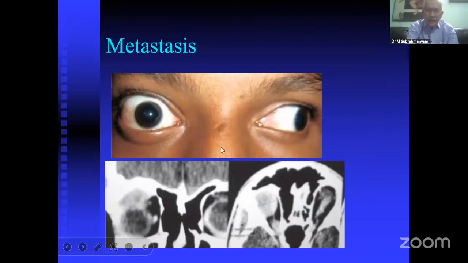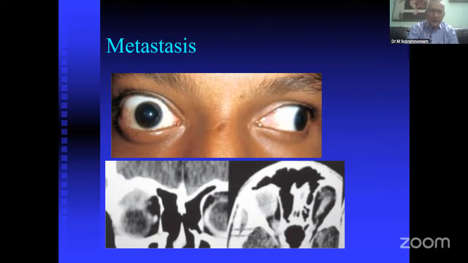This boy, about 18 years of age, came with proptosis of the right eye and motility restriction. The CT scan again showed a mass in the superior and lateral regions with bony erosion, as you can see here. So, short duration of 1 month, motility restriction, proptosis, pain, bony erosions, and irregular margins all point towards a metastatic lesion.